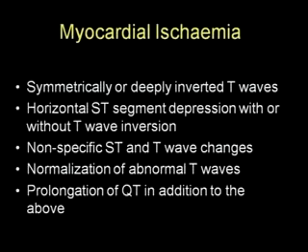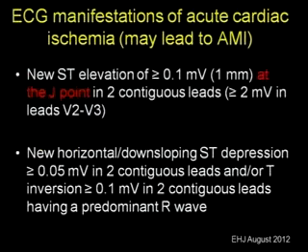Non-specific could vary from an absolutely benign ECG or patient to a patient who is at risk of a major myocardial infarction. The less recognized signs in ischemia are when a previously inverted T wave becomes positive, so pseudo-normalization, or a transient prolongation of the QT interval. And therefore, instead of MI, we will probably start using the term acute cardiac ischemia, because the distinction between unstable angina, pre-infarction syndrome and acute MI is increasingly getting blurred.